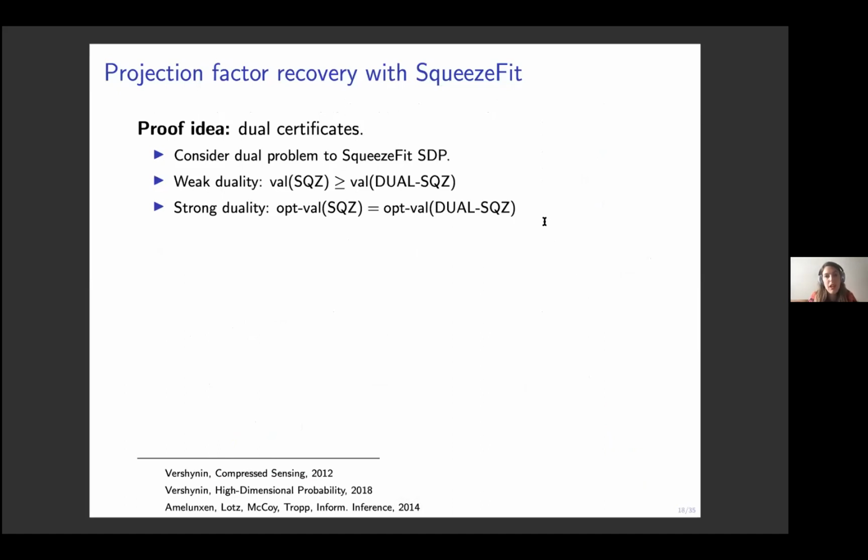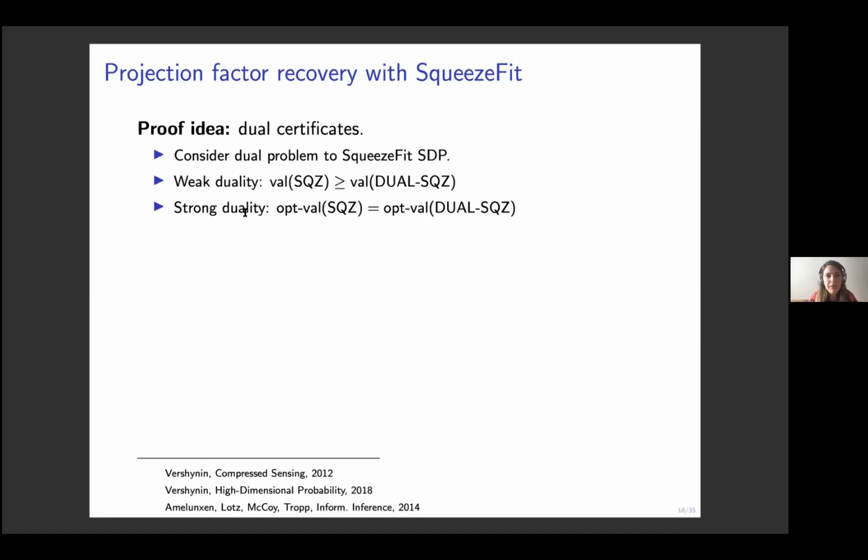So basically, if you have a convex problem or a semi-definite program, you can write its dual problem, and that's a standard thing. There's this weak duality property that tells you that the value of the semi-definite program is always greater or equal than the value of the dual. In this case, the semi-definite program is a minimization.